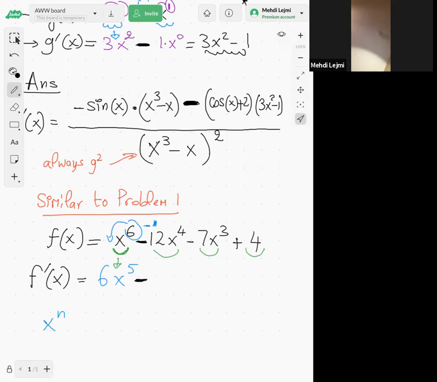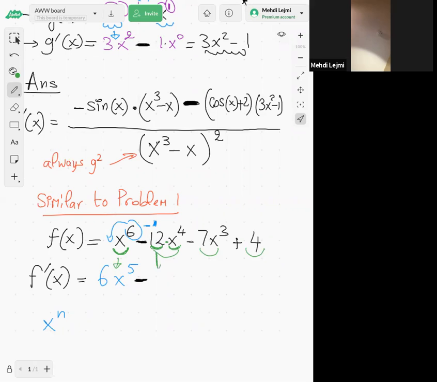Next, you have a number times this power of x. When you have a constant times some function, all you have to do is keep the same constant.